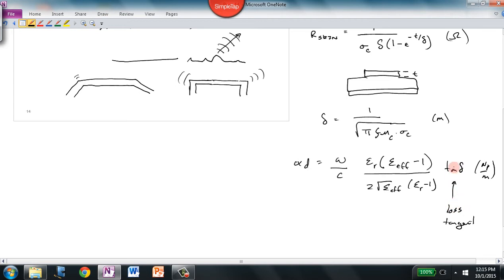And so for our purposes, tan delta is always something that is measured and provided to you on a data sheet. It is not the tangent of the skin depth. That wouldn't make sense anyway, right? You can't take the tangent of a meter. Tangent has to be degrees or radians. And so clearly it's not tangent of delta. The whole thing is tan delta, the loss tangent.